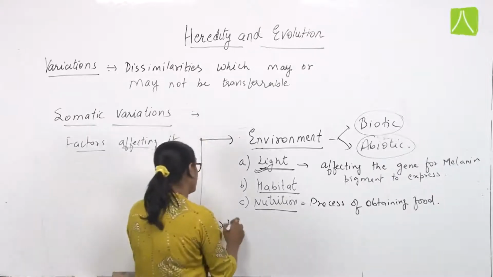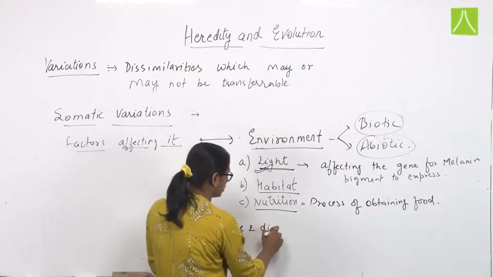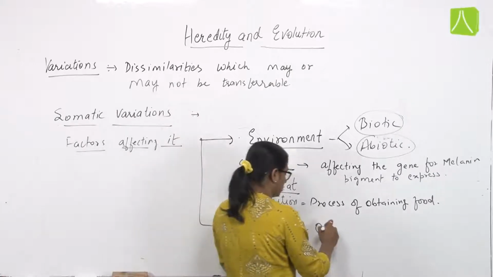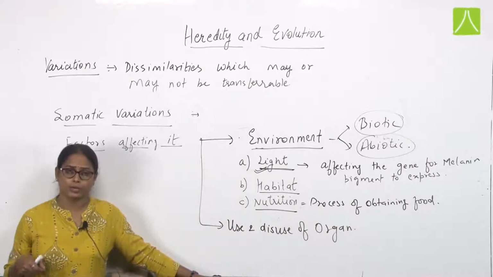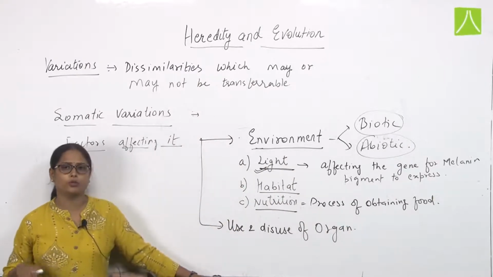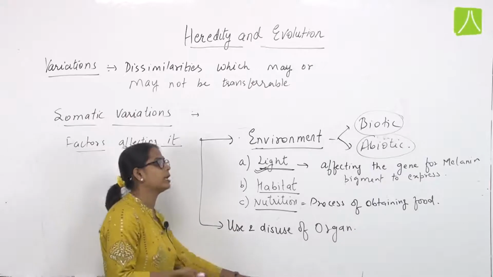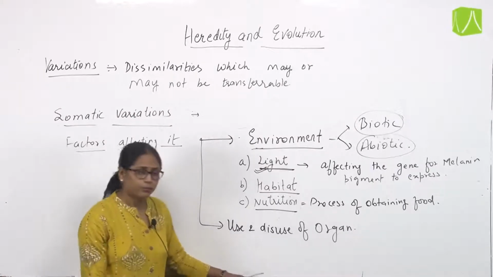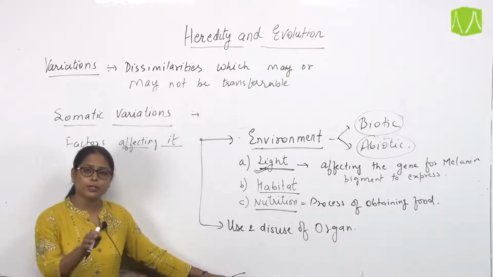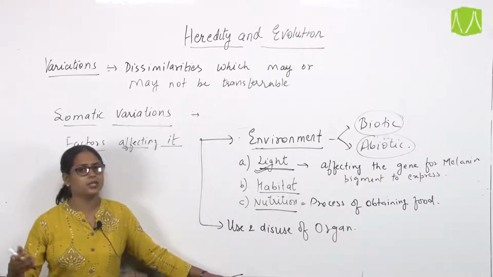Another factor may be use and disuse of organs. That is, if we are using a particular somatic organ more, then it is not transferable. And if we are not using a particular organ a lot, then the characters are not transferable.